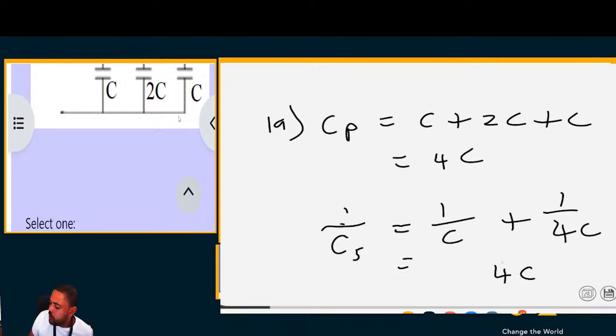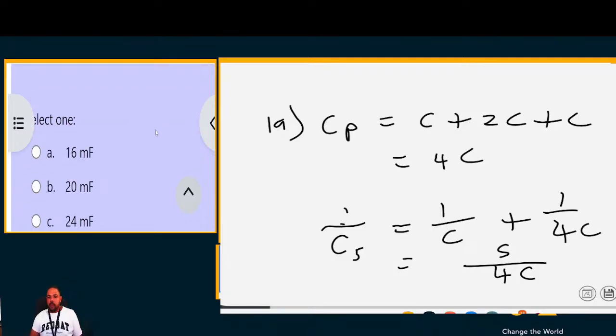Checking something that's 5C. 5. We flip it over. It's 4 divided by 5. So 4C divided by 5.